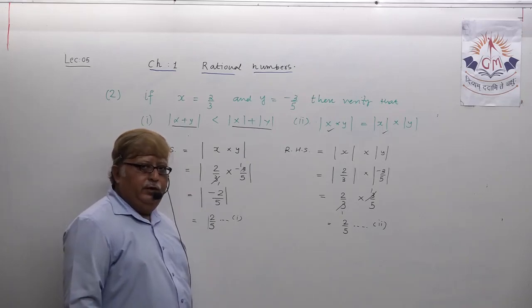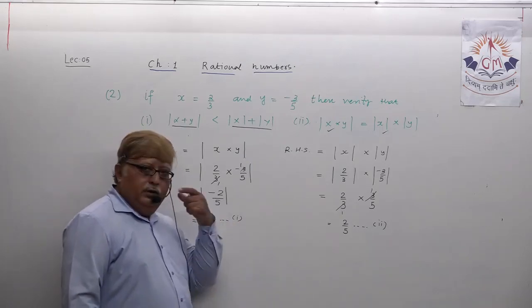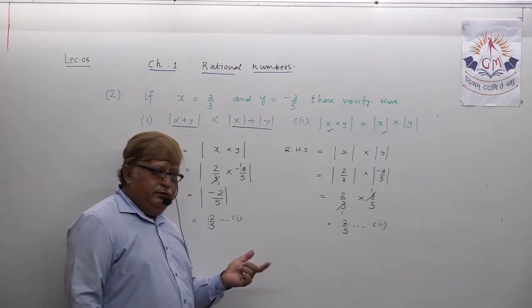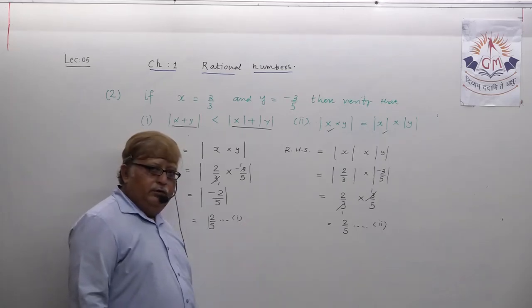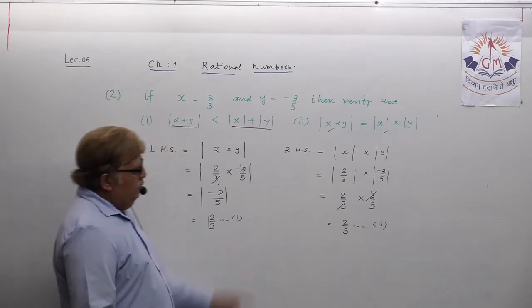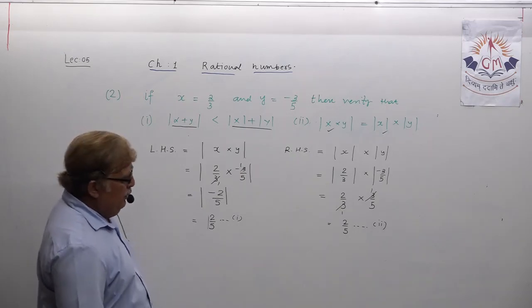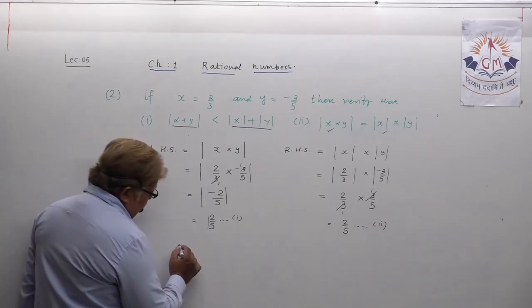If you verify both the results, result number 1 and result number 2, both turn out to be the same. So this property is again verified. How can you write?